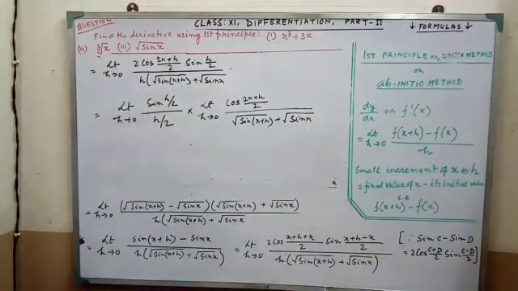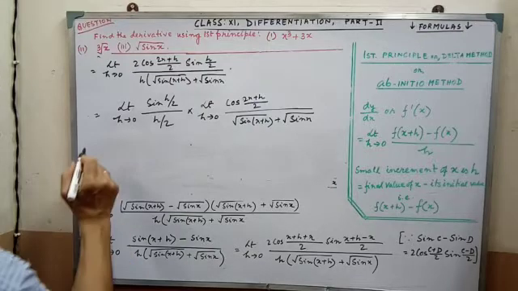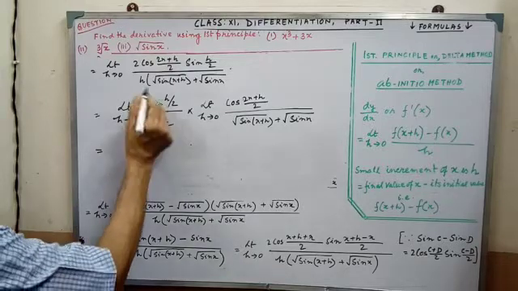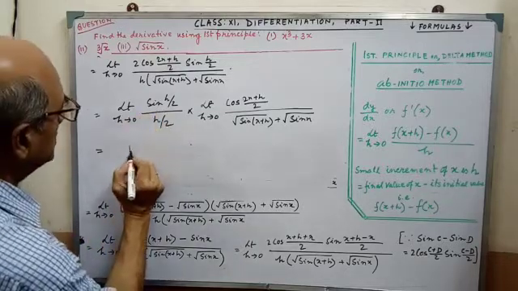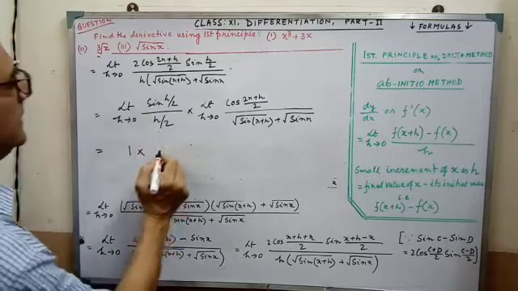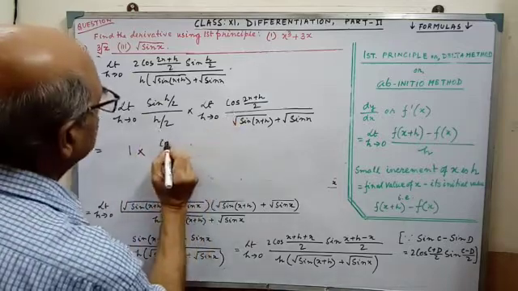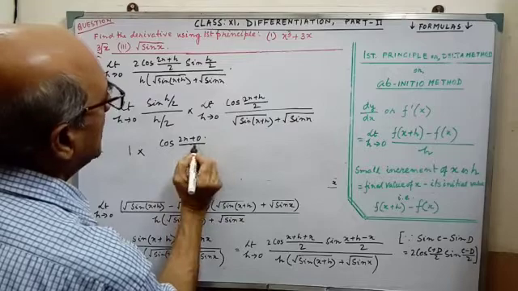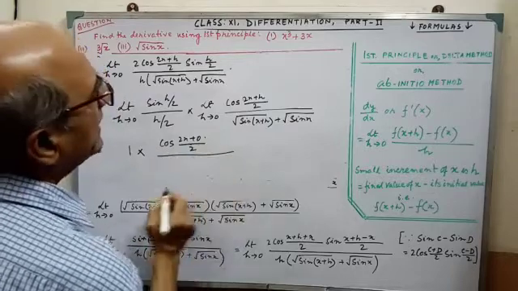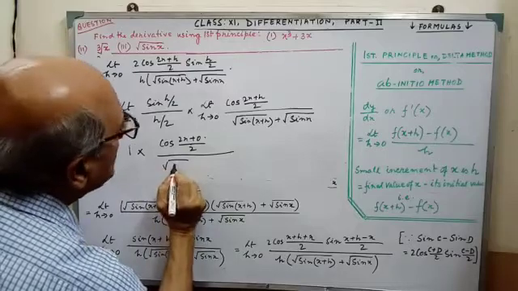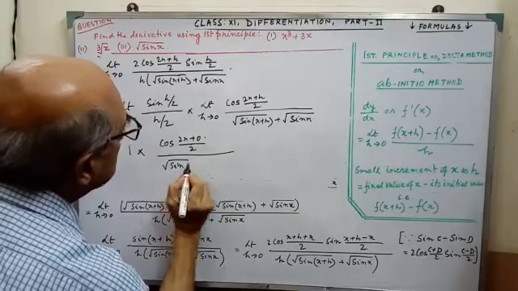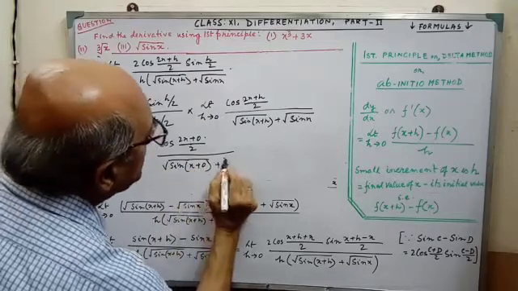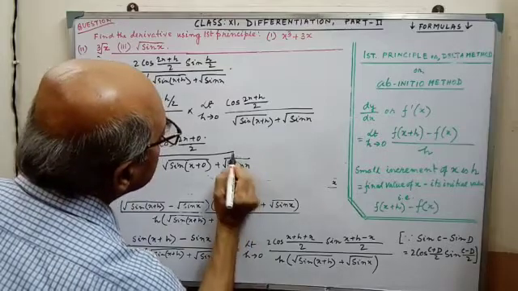Very simple, no problem. Now we have to apply the formula, and put in the value of the limit. This is the frame of the formula, which you know very well. It will be 1 into cos (2x plus 0) by 2 divided by root sine (x plus 0) plus root sine x.